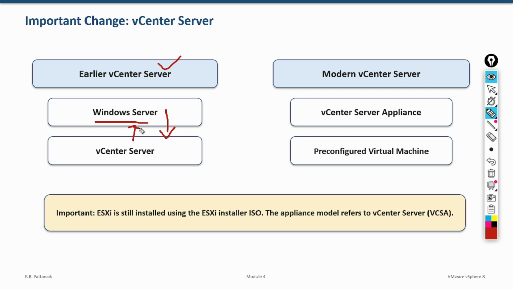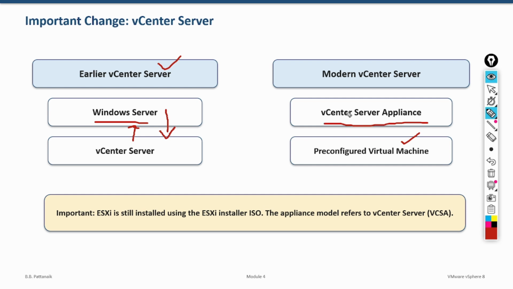But in the modern vSphere environment, VMware uses the vCenter Server Appliance. What is that? It is a pre-configured virtual machine. And that is exactly what we are going to do in this lesson. We will take the ESXi 8 ISO image and install it on VMware Workstation.